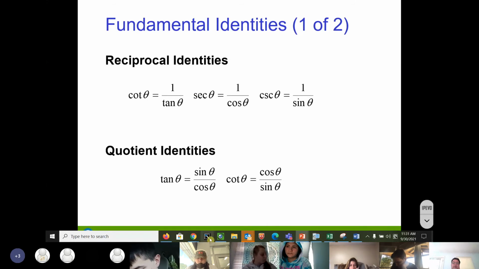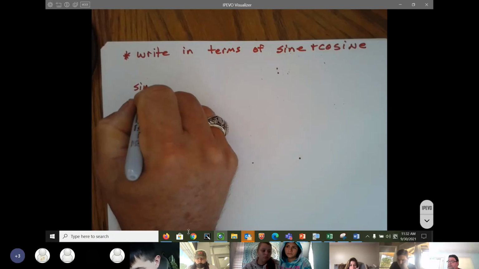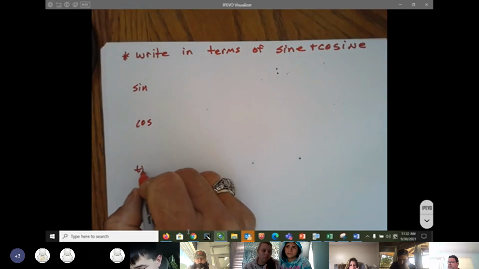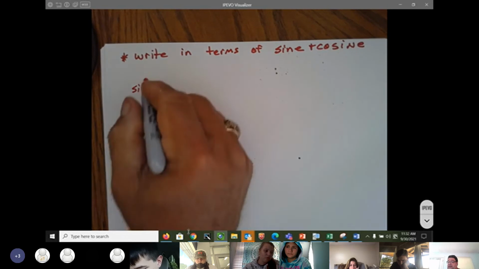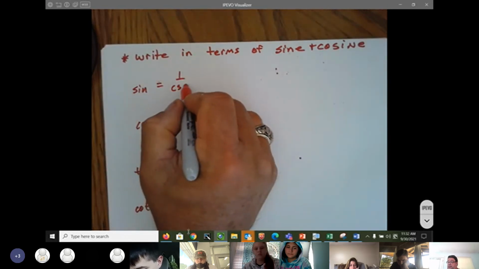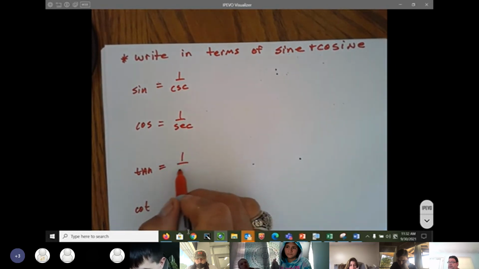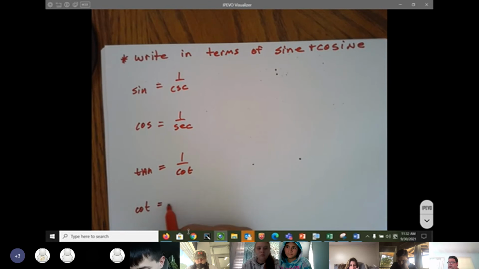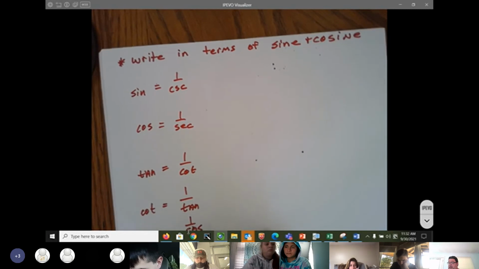So, the easy way to start off is sine, cosine, tangent, cotangent, secant, cosecant. And you could say sine is equal to 1 over the cosecant, cosine is equal to 1 over the secant, tangent is 1 over the cotangent, cotangent is 1 over the tangent, secant is 1 over the cosine, and cosecant is 1 over the sine.